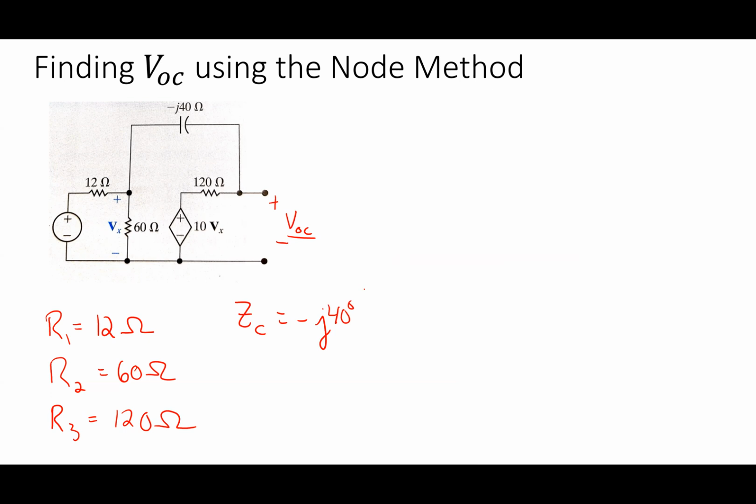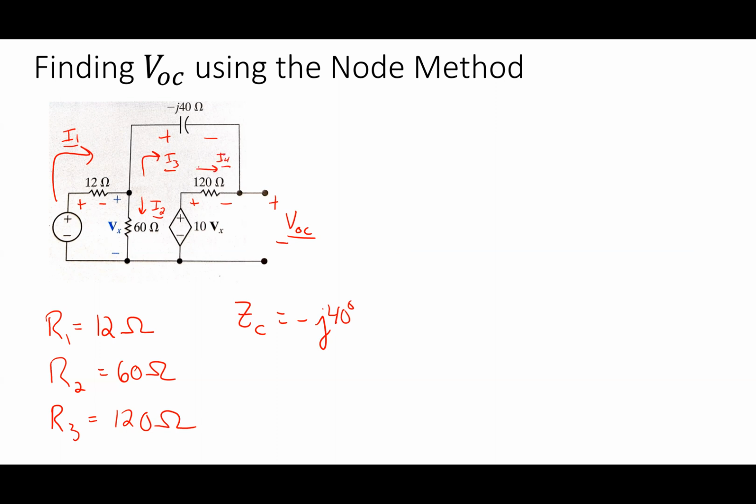Anytime I do any of these things, I start defining directions and everything for myself. So I'm going to write down a set of directions and define currents. I'll call this one I1, this one I2, this one I3, and this one I4.